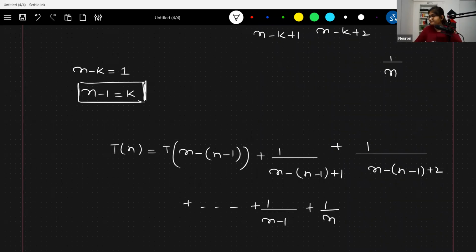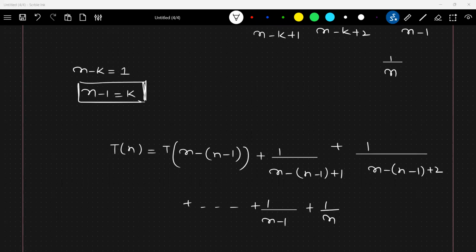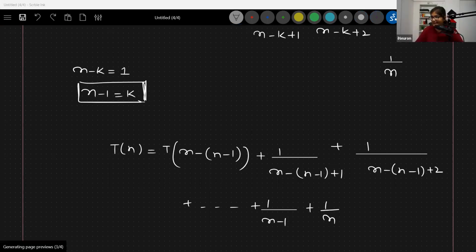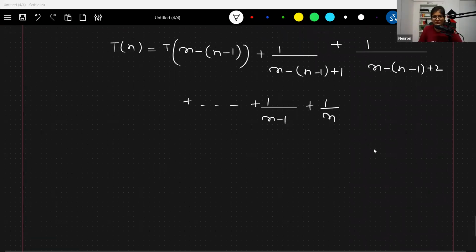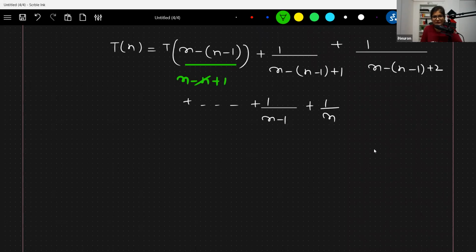Can I say? Everyone? Try to see this equation. Is this perfectly fine, everyone? Now if I solve this equation internally, it will be n minus n plus 1. So it will be equal to t of 1. It will be n minus n plus 1 plus 1, which is 2.